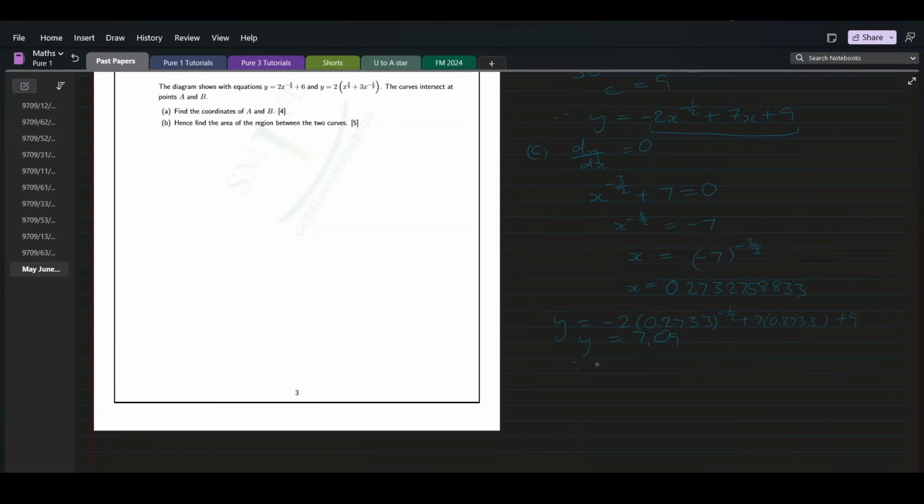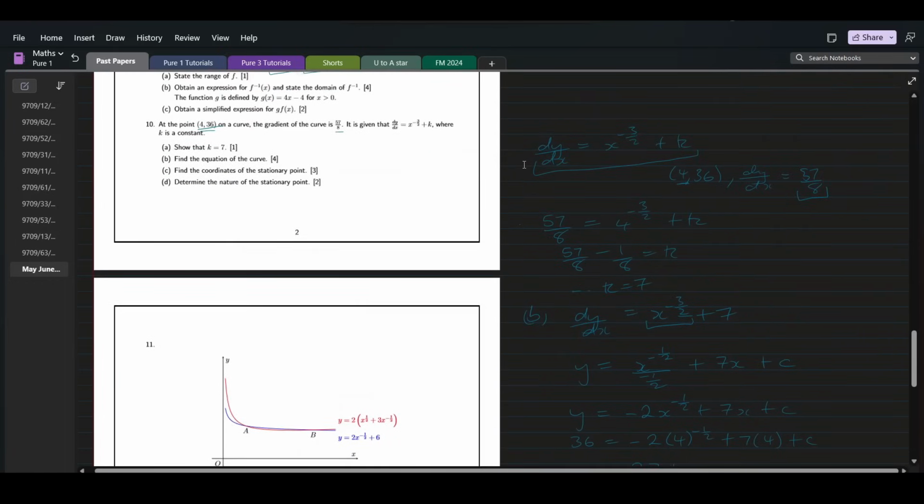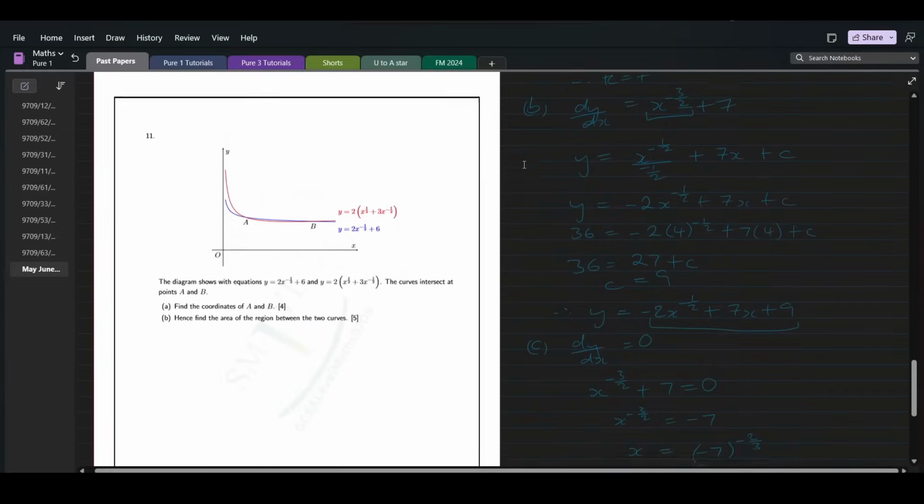So you can conclude that the coordinates of the stationary point are 0.273 and 7.09, correct to 3 decimal places.